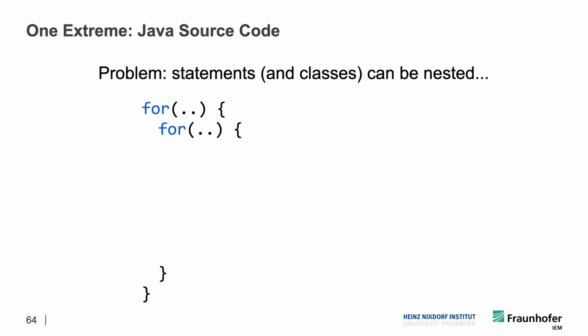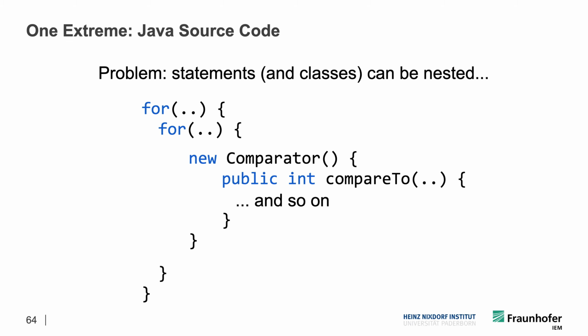The problem is that this becomes very complex if you have complex code. And in Java, and then also in other languages, you can have quite complex code. So you can have nested statements like you see here, for instance. Then also you can have even new objects being created in such loops here. And in Java in particular, you can even create new anonymous inner classes like you see here within any expression, within any statement, within any loop.